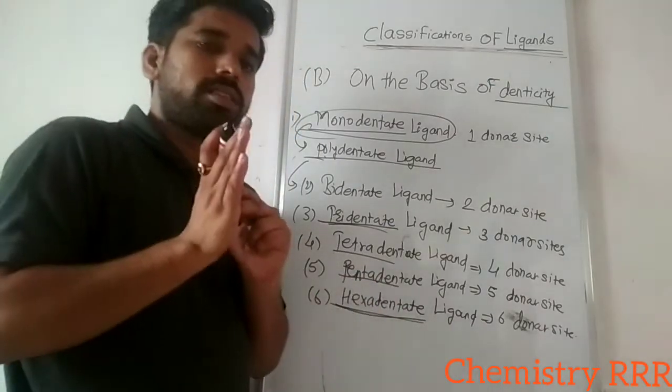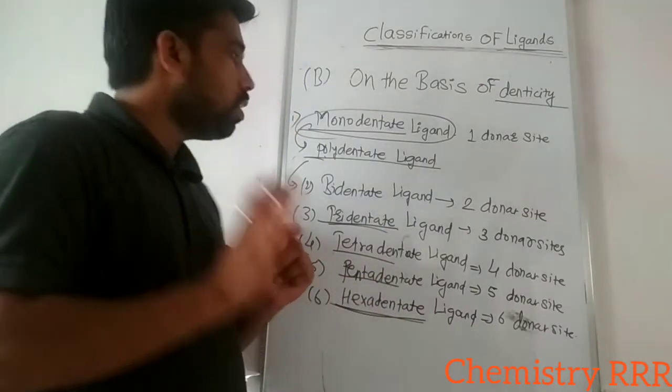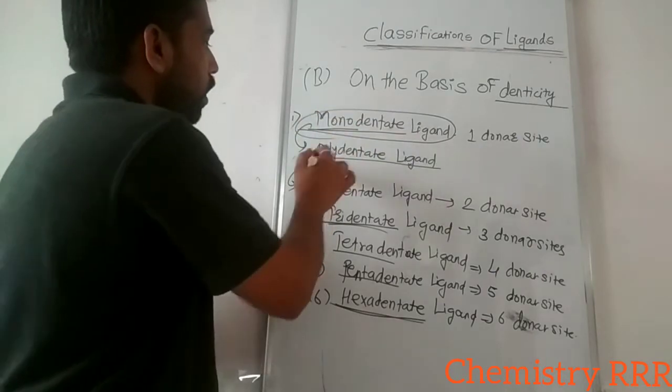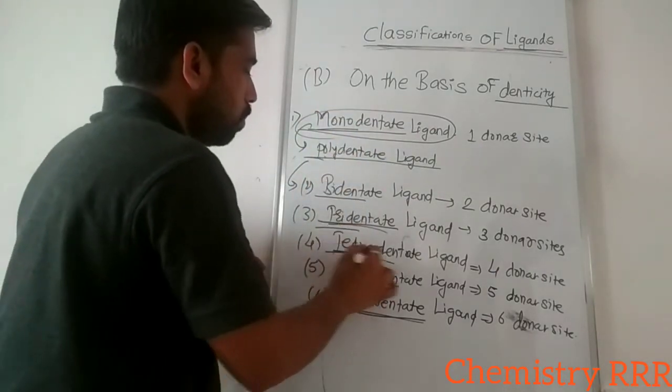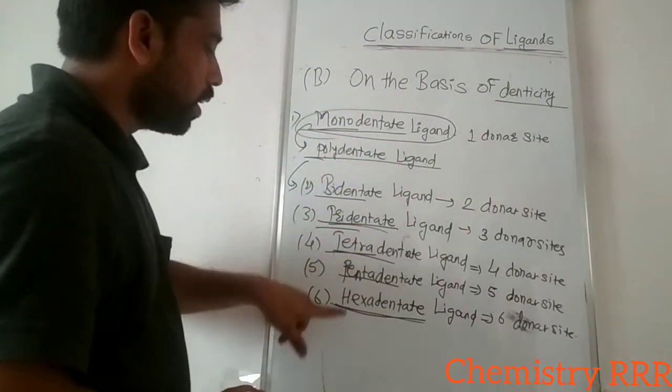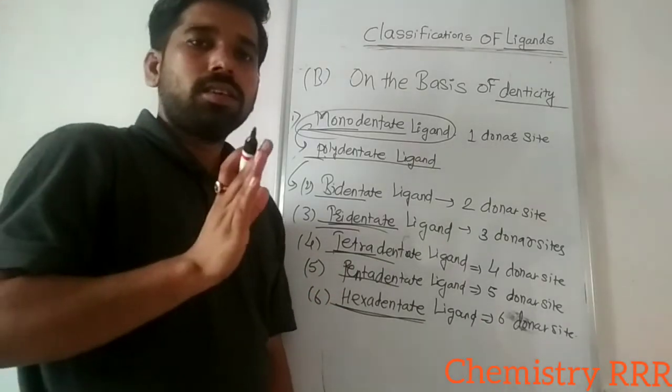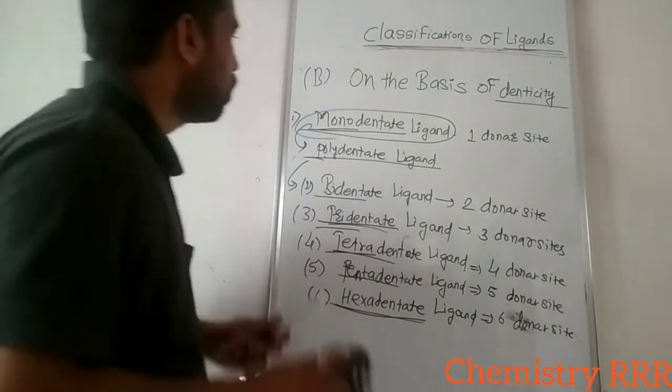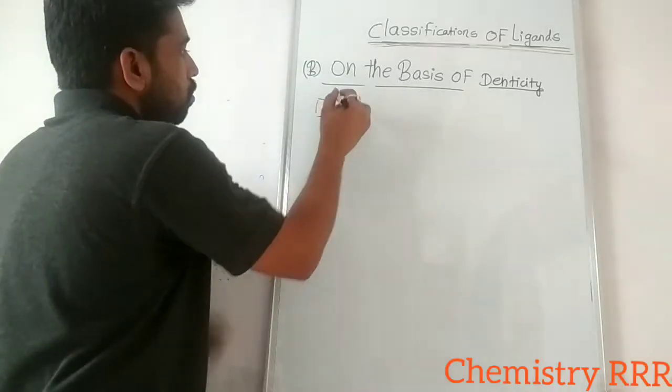Now let's see detailed examples of monodentate, bidentate, tridentate, tetradentate, pentadentate and hexadentate ligands. Let's start from the monodentate ligand.